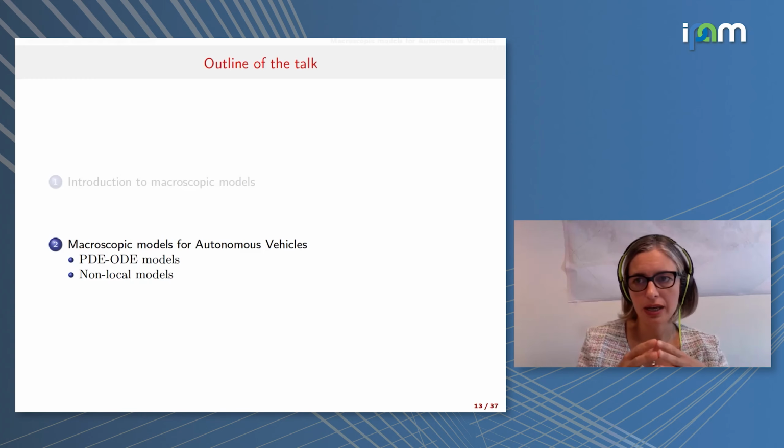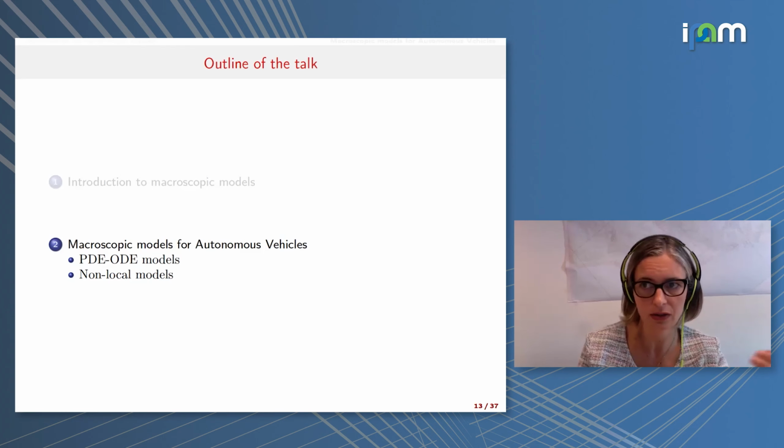And here I will present some approaches that I have been developing with other colleagues. I'm not meaning to be exhaustive, but these give an idea of what we can be facing while trying to model autonomous vehicles on the road.